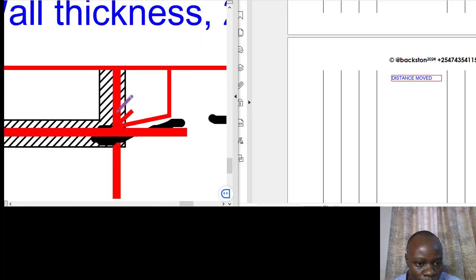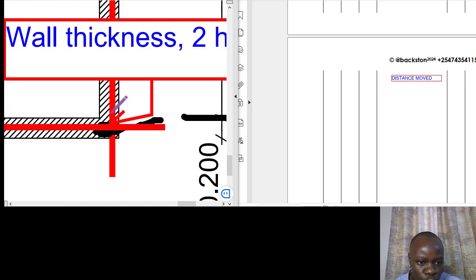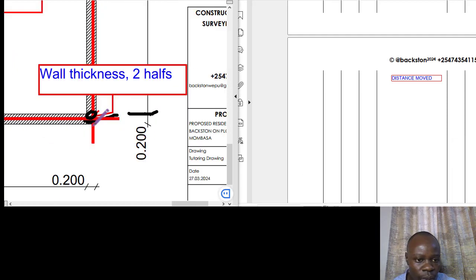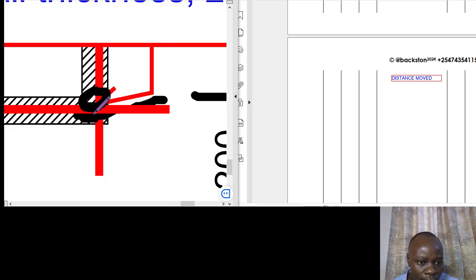Okay, but then when you check keenly, you are going to add half at this corner. That is the one that you are using for the 11. But when you get to the lower part, you are also going to add another. The dimension that is given is ending here, and then you are also needed to add the half at that particular point.